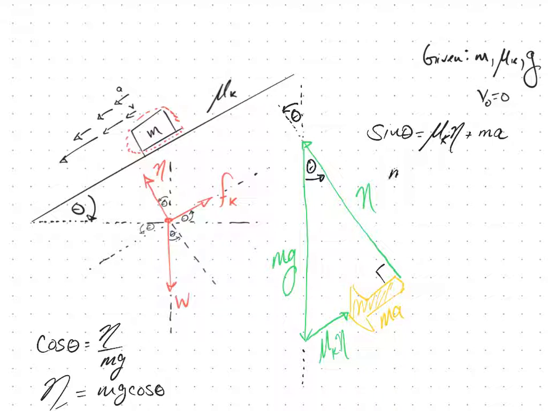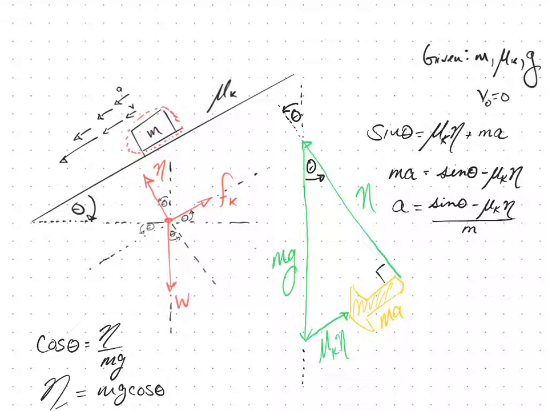And so that means ma equals mg sine theta minus mu k normal. And so a is going to equal mg sine theta minus mu k normal, and that's all over mass, right?